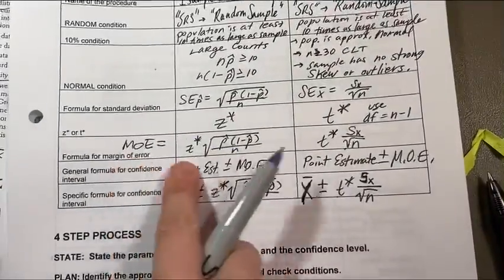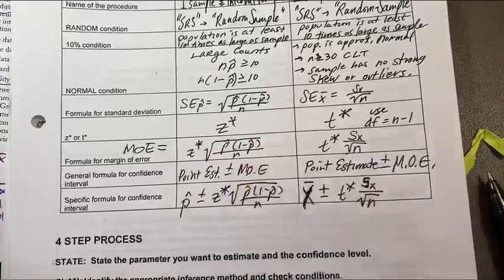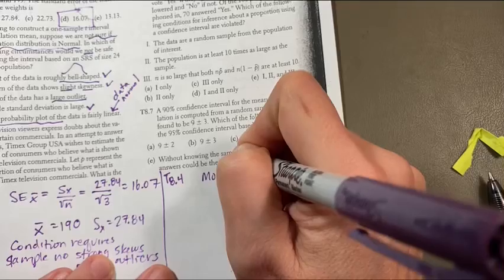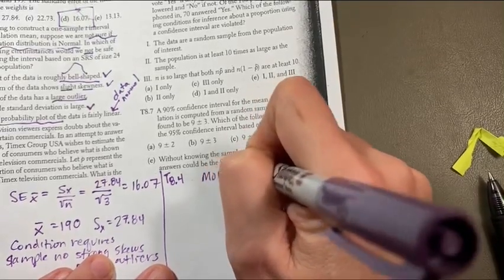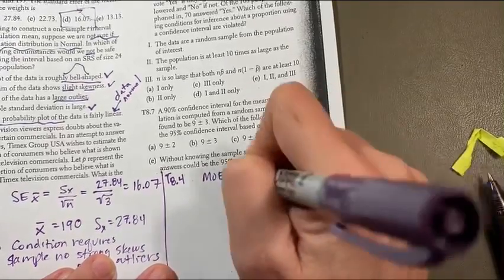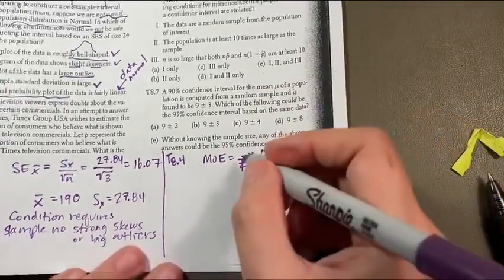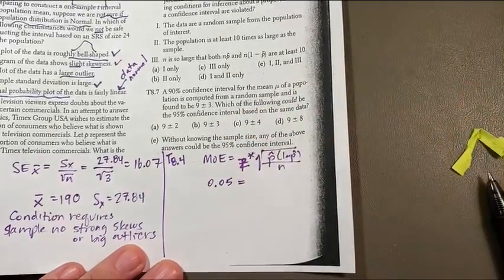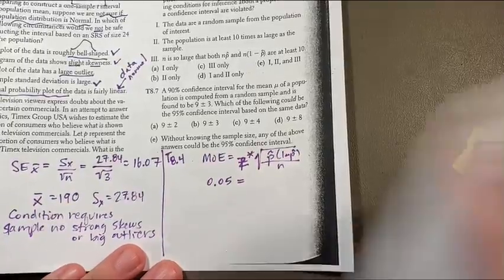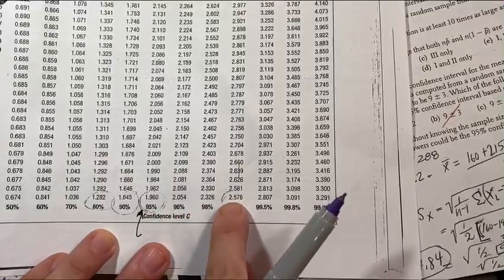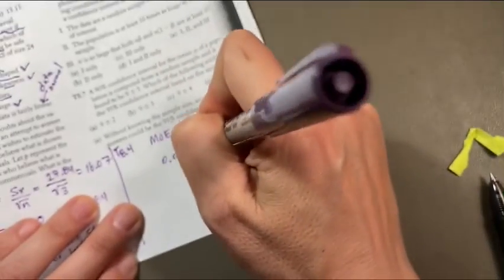So the margin of error formula for a yes or no is this one right there. Our margin of error is equal to our z star times the square root of p hat times 1 minus p hat, all over n. Here it says our margin of error is 0.05, and our z star for the 99% is 2.576.